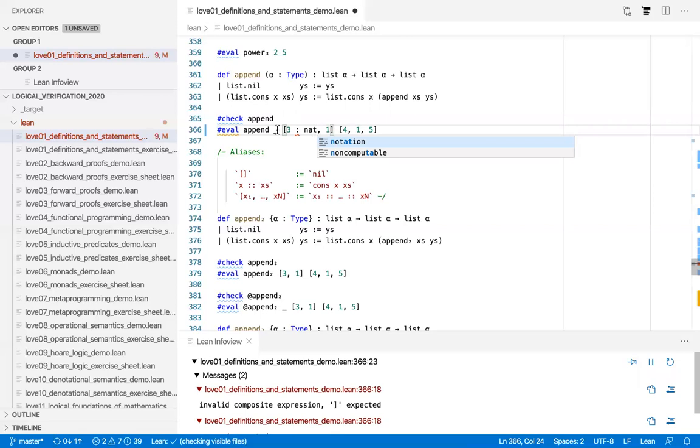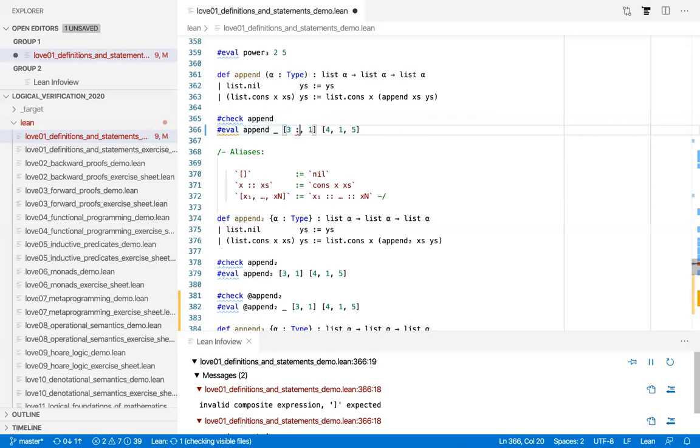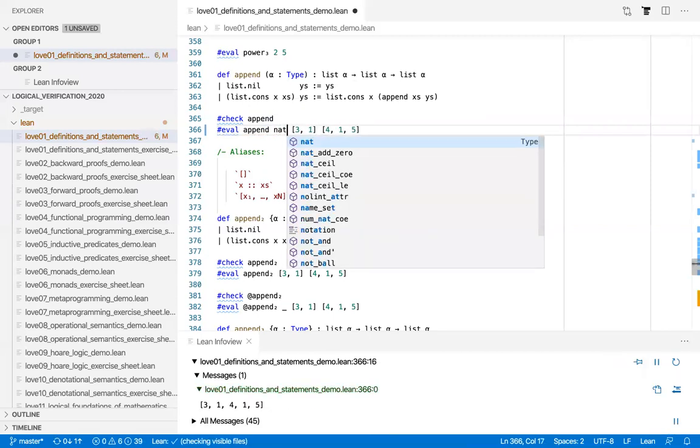If I write nat explicitly, well, it doesn't like it. Cannot put it there. Regardless, I won't print the type it infers here, but I know that it's going to be the same as if I wrote nat, okay?